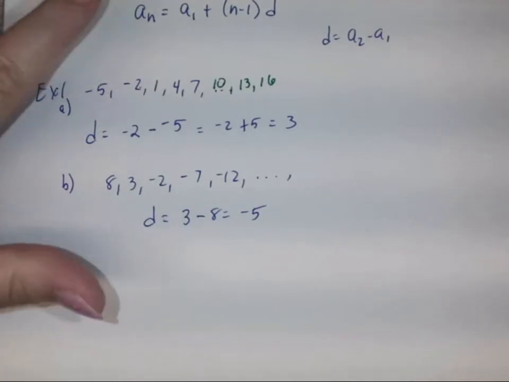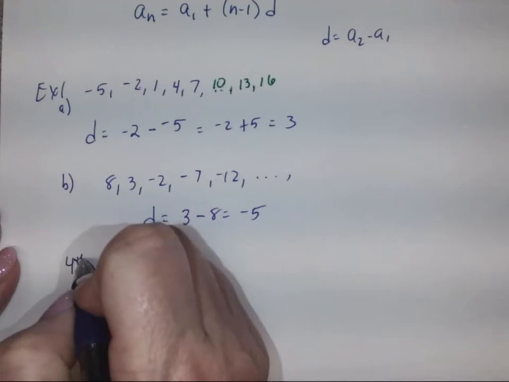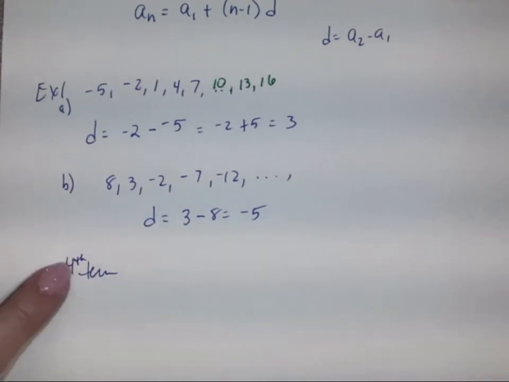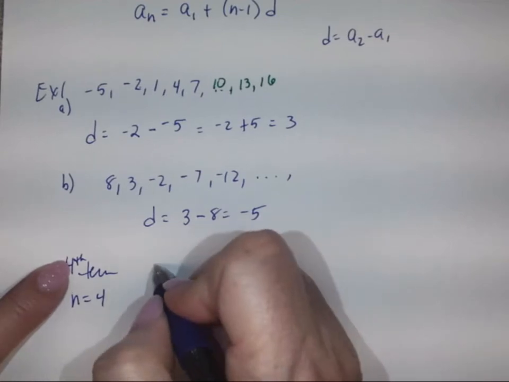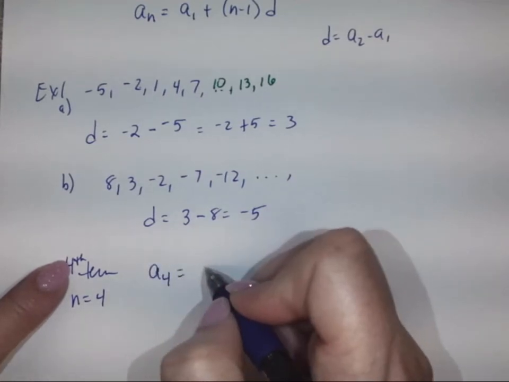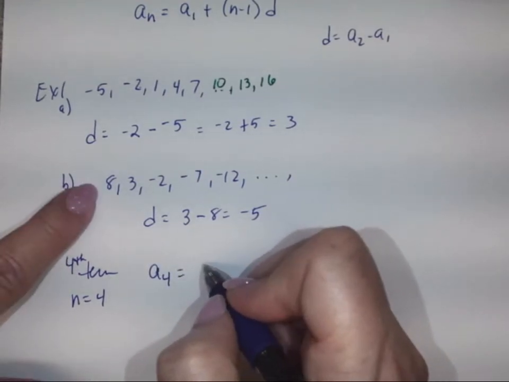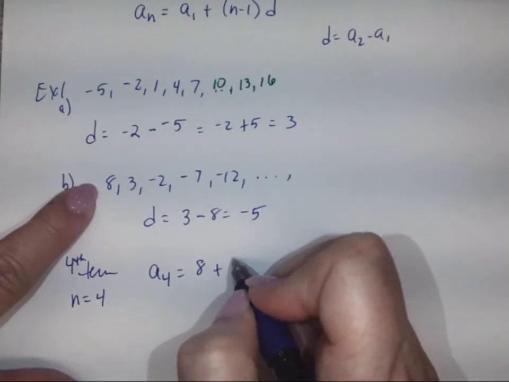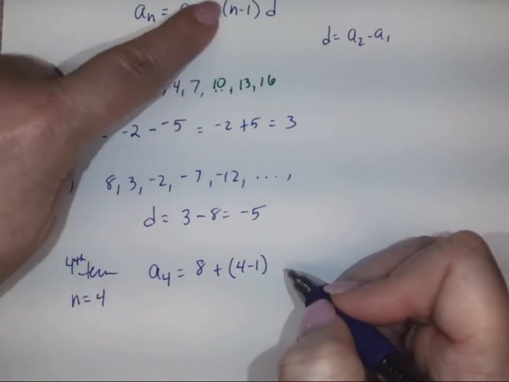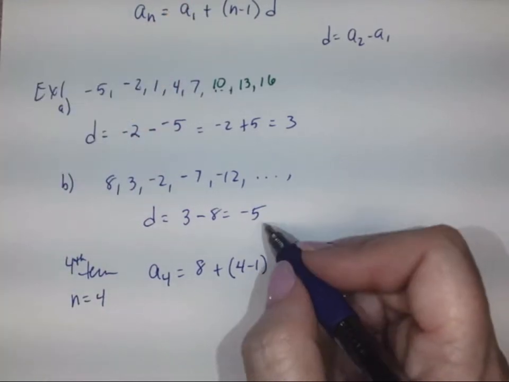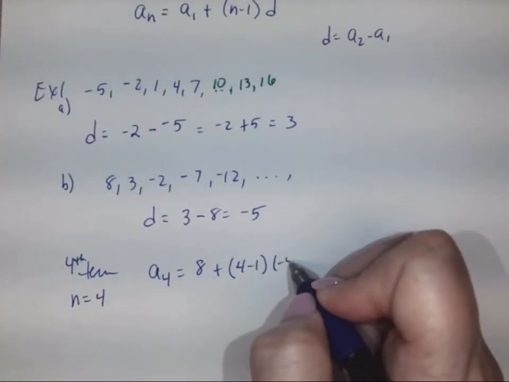If we're finding the fourth term, that means our n is equal to 4. So we'd have a sub 4 is equal to our a sub 1, that's the 8, plus 4 minus 1, because n is 4, times our d, and our d is negative 5.